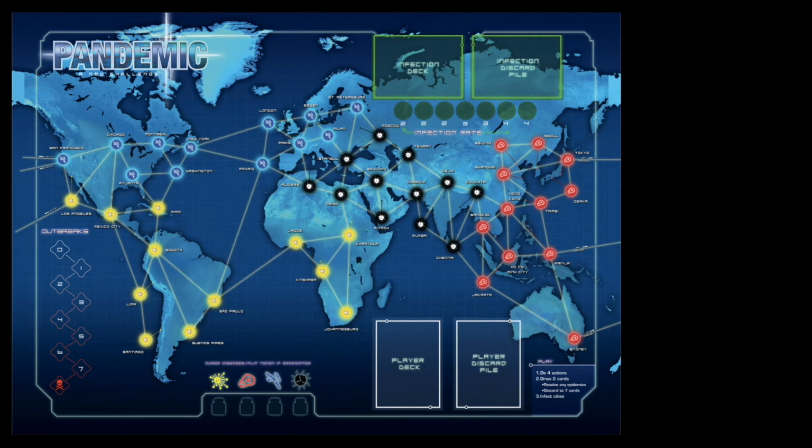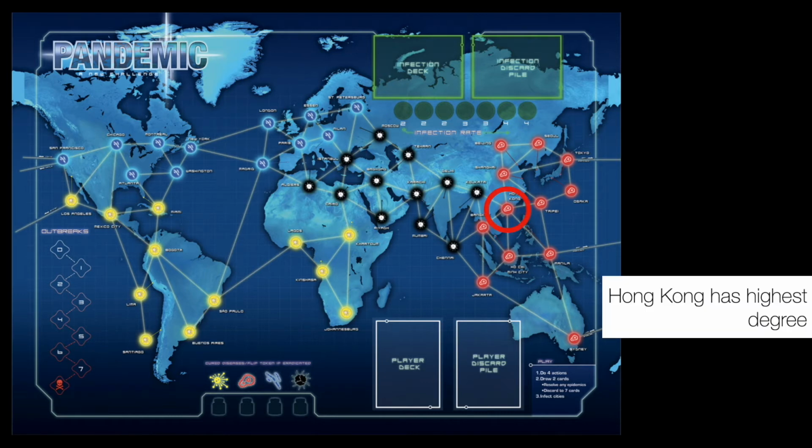So for this example, the city of Hong Kong has a very high degree, meaning that if an outbreak occurs in Hong Kong, it'll spread to many other places, in contrast to an outbreak occurring in, say, Johannesburg in Southern Africa or South Africa, it'll only spread to 2 places. So there's some difference there in how important these 2 cities are for the spread of disease.